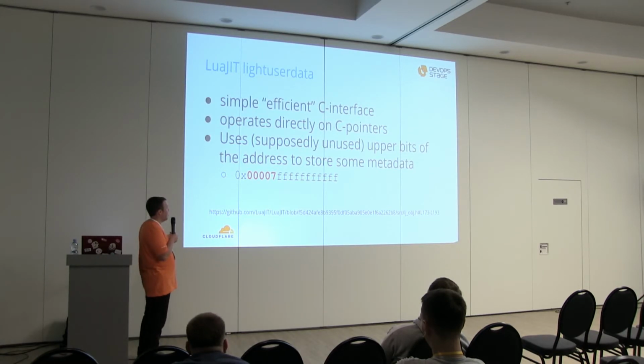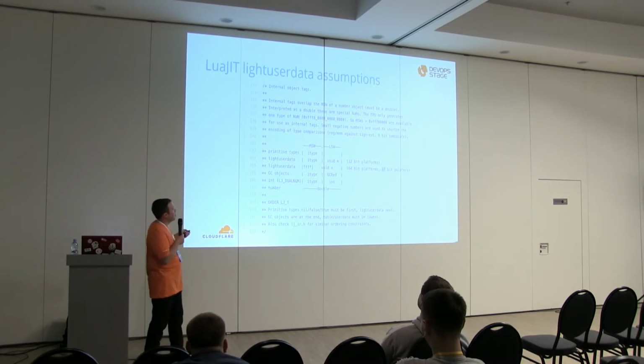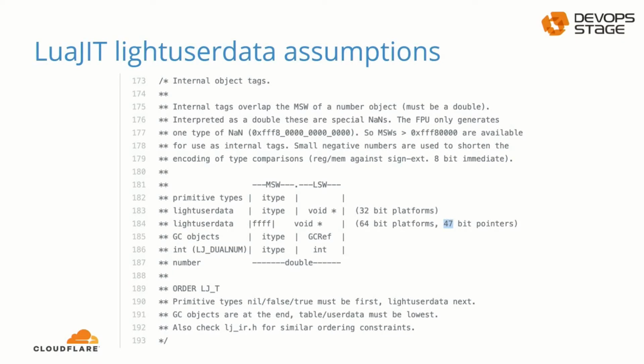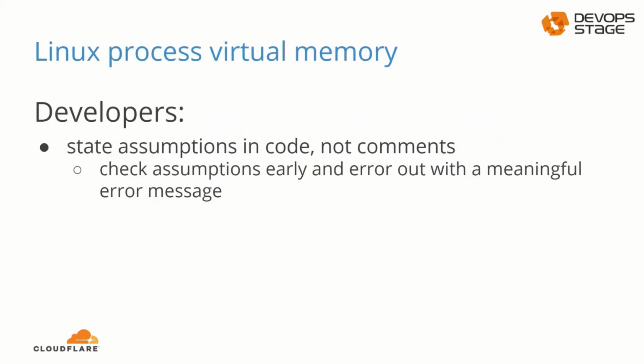So this is the code, and you can see it in the comments: for the 32-bit platform and 64-bit platform layout, we have always 47-bit pointers. But if you remember, on ARM, we have 48-bit pointers, right? So that's why the workload randomly crashed, because sometimes this upper bit, one bit, was corrupted, and the whole process went down.